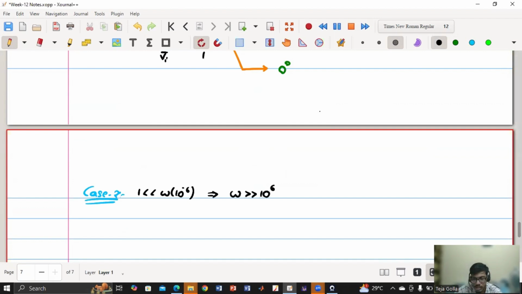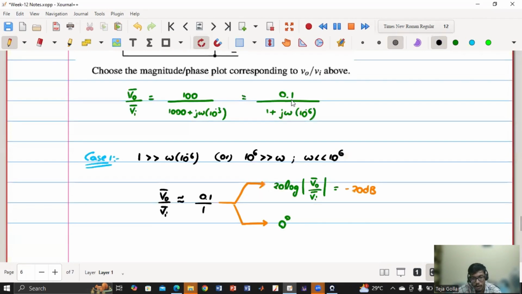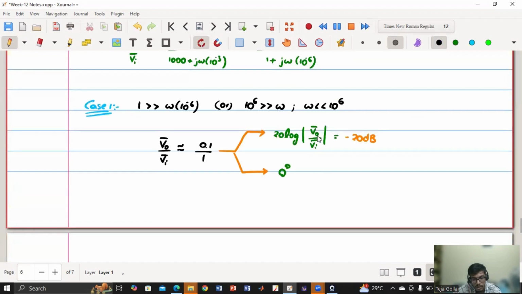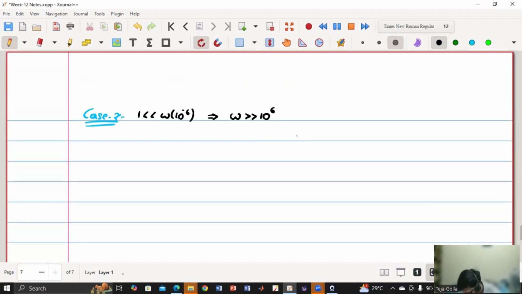Now we neglect 1 and this will be 0.1 by j omega 10 to the power minus 6. So V naught bar by Vi bar is 10 to the power 5 by j omega, right?